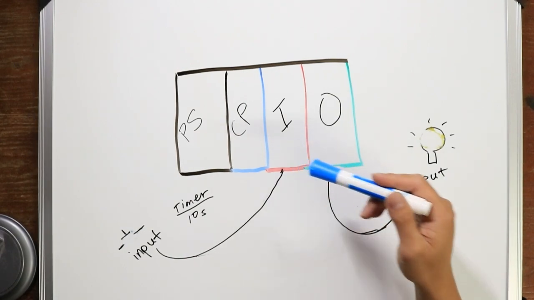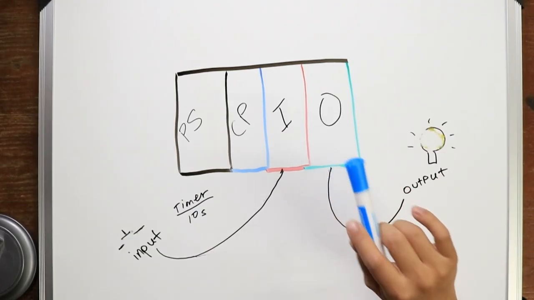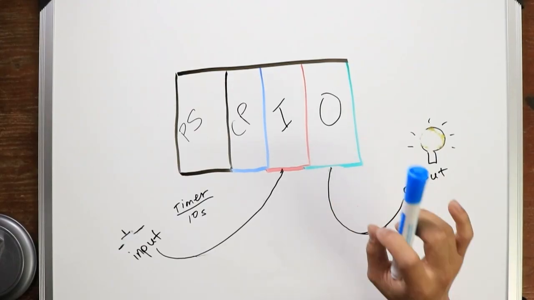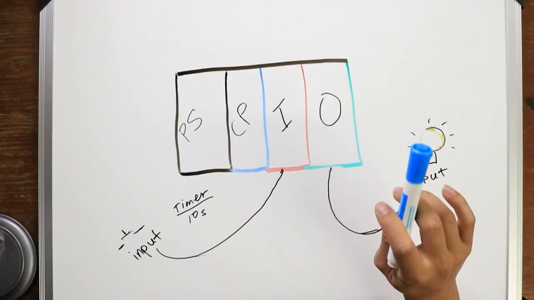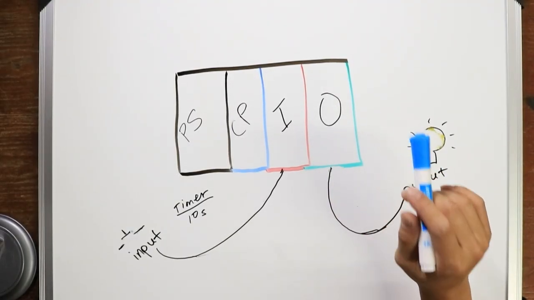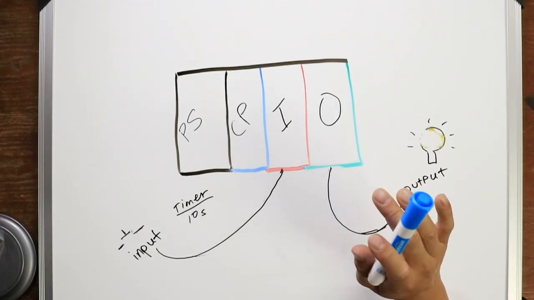This is just to keep it simple. It has one input, one output, and it's modular, so you can add many more inputs, many more outputs when you have many components and devices attached to this PLC. And the processor takes all that information, and it does the work for you. So that is the overall explanation.